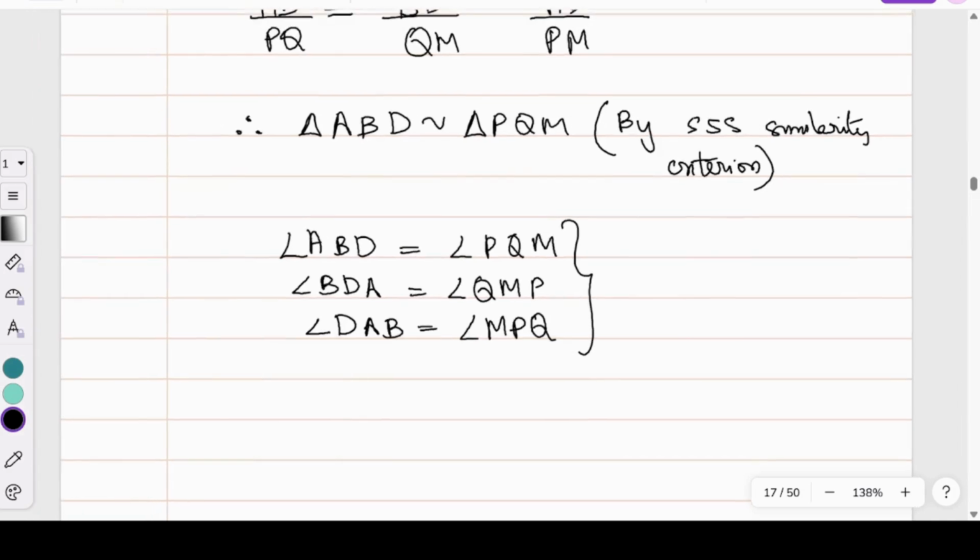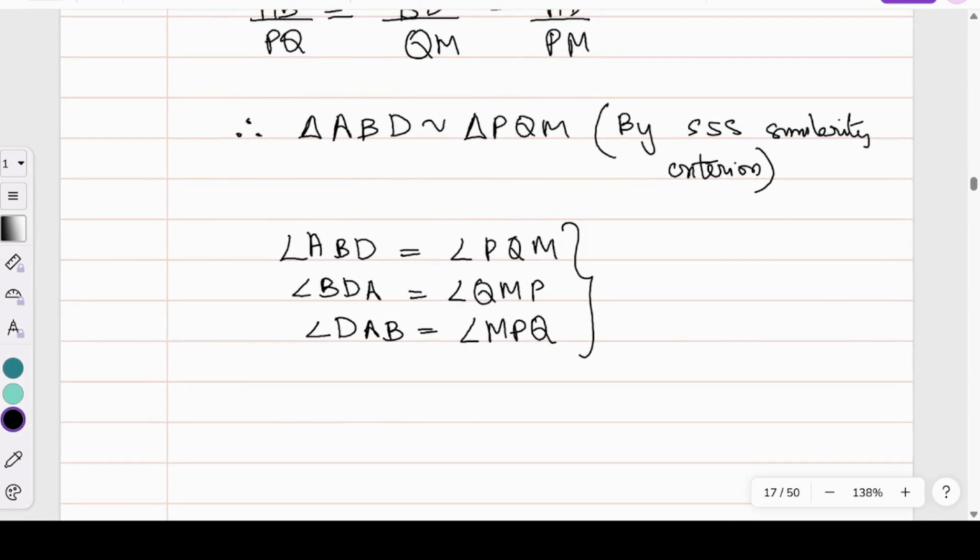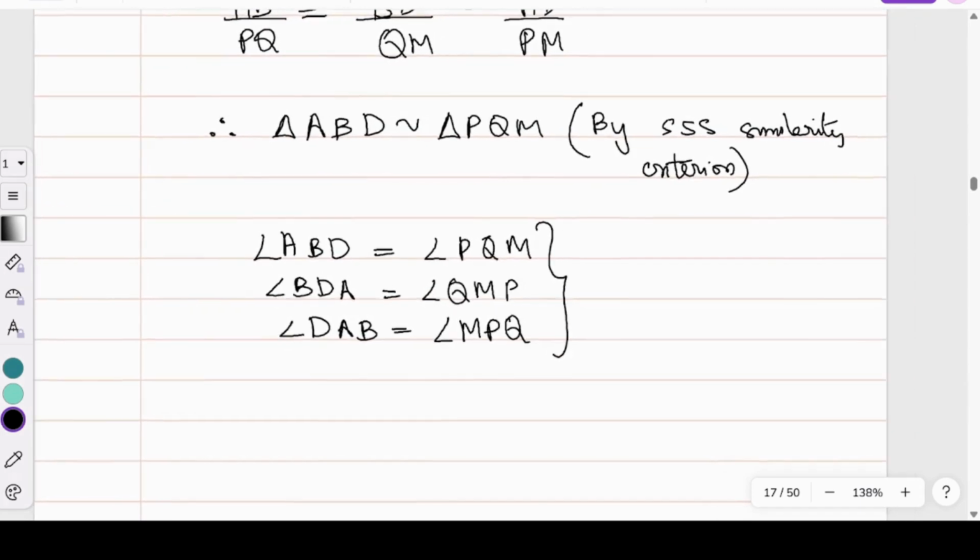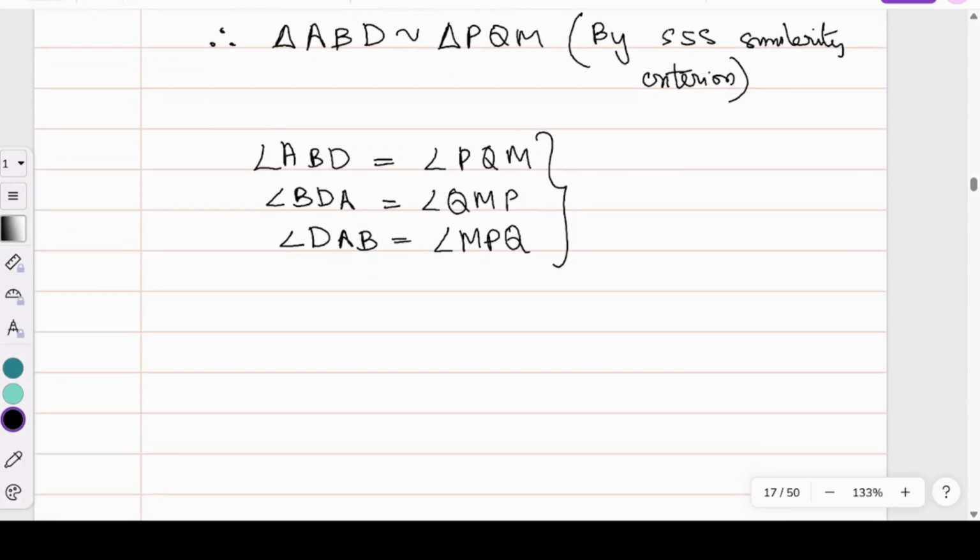Now, what is our question? The question is that we have to show that triangle ABC is similar to triangle PQR. Therefore, let us take triangle ABC and triangle PQR.